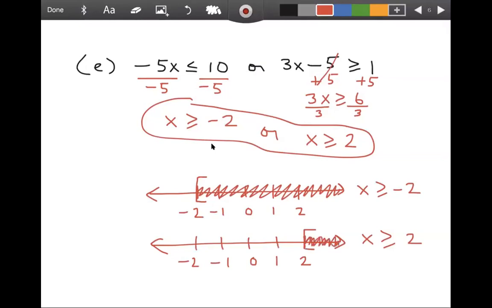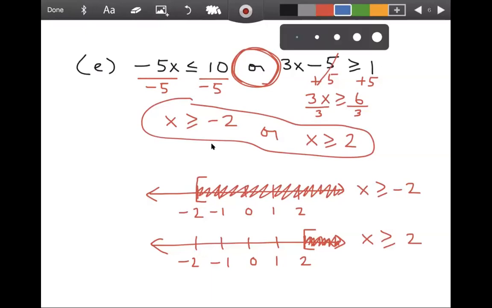All right, now remember we are doing an OR problem this time. So be very, very careful. Understand when you're doing an AND problem, understand when you're doing an OR problem, because the answers will almost always be different depending on whether it's AND or OR. This time we're looking for all values of x that are represented in either one of those graphs. Any value of x that got colored even one time will make it into the solution set of this compound inequality.